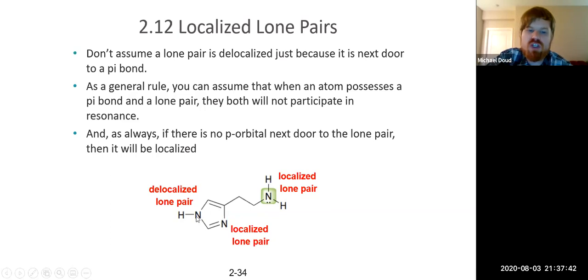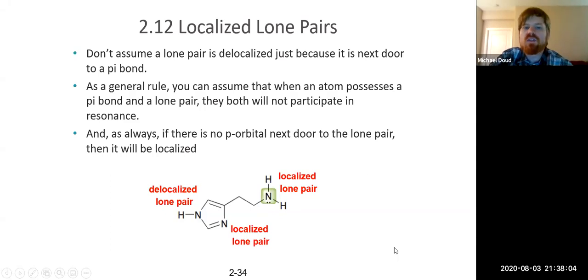Like here, this nitrogen technically is in an allylic position, but it's also a vinylic position. So because it's a vinylic lone pair, it cannot be delocalized. It just does not work out. And then over here, it's not even close to a pi bond, so you wouldn't even consider this one to be delocalized. It's just localized.